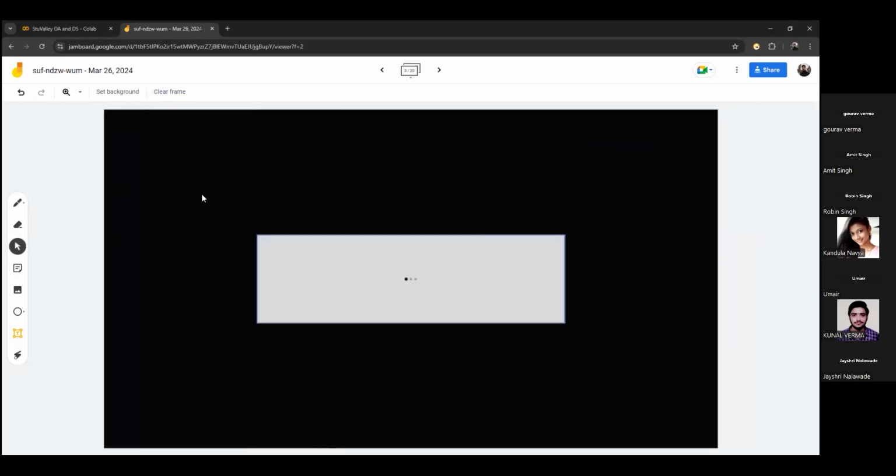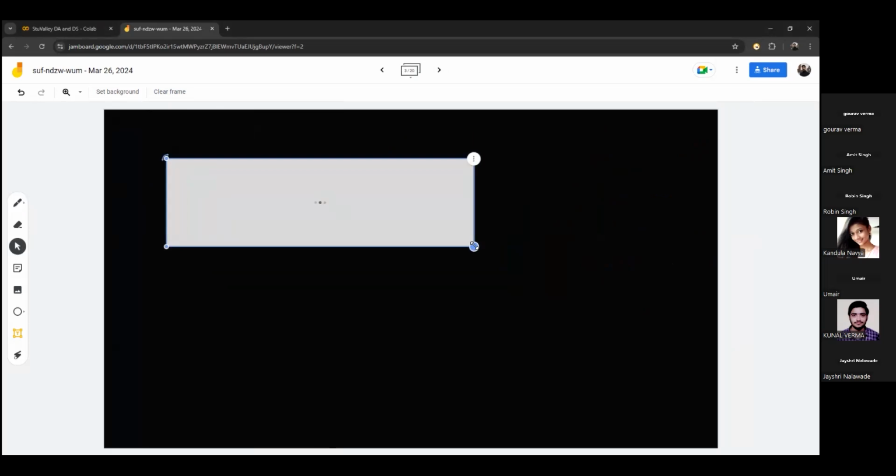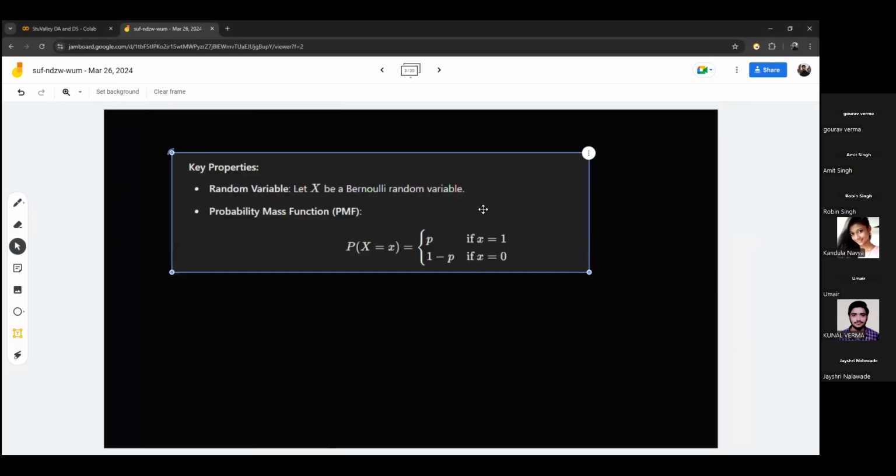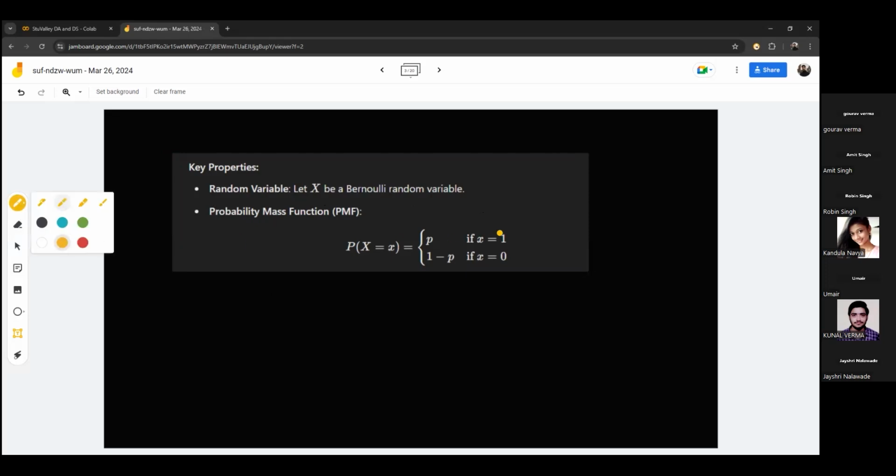Formula is here. Yeah, so the formula we have here: random variable, let x be a Bernoulli random variable. We see that the probability of getting one kind of situation is p and the other situation is 1 minus p.